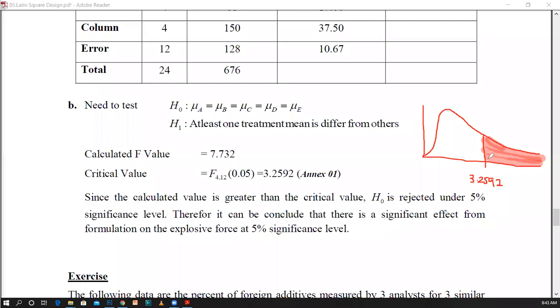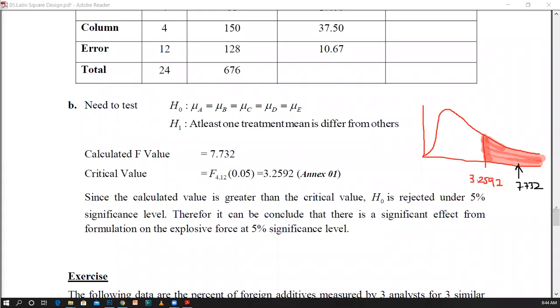Therefore, if the calculated value falls into this rejection region, definitely we have to reject the null hypothesis. The calculated value is somewhere here. The value is 7.732.